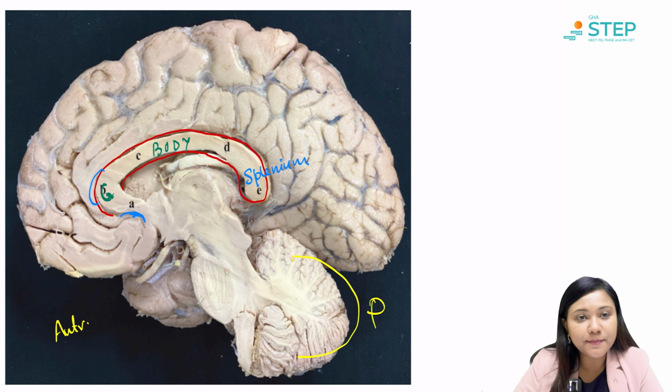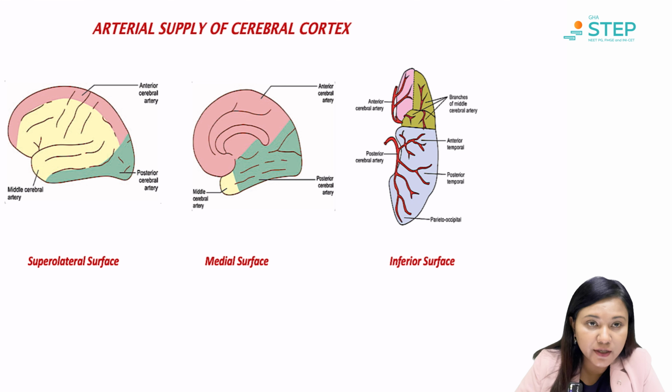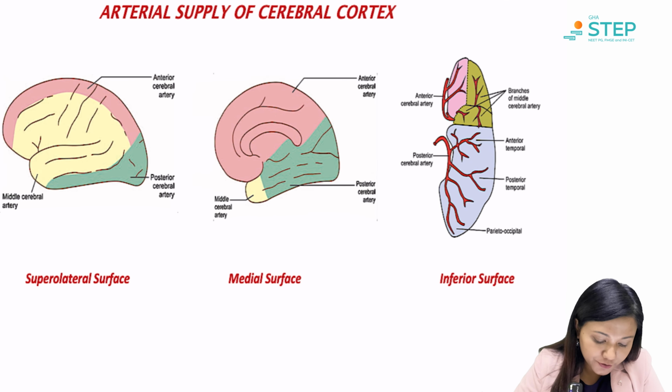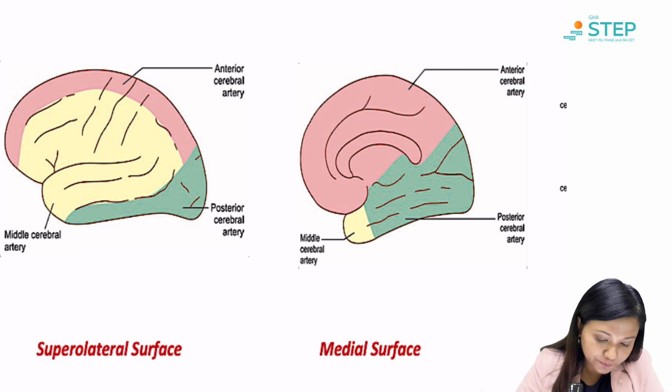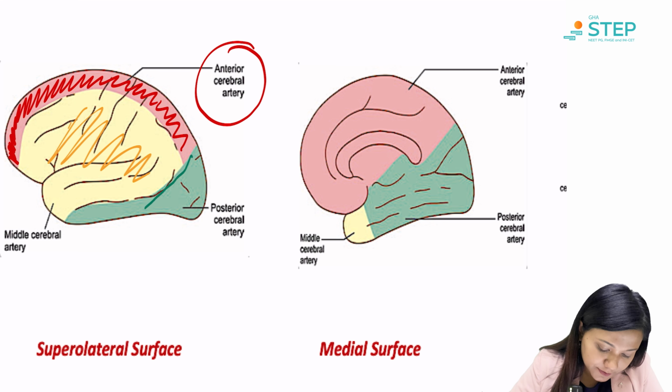Now what is the blood supply of this corpus callosum? To understand that, you should also know about the arterial supply of the cerebral cortex. On the superior lateral surface, the upper marginal part is supplied by the anterior cerebral artery, the major part is supplied by the middle cerebral artery, and a little posterior part is supplied by the posterior cerebral artery.